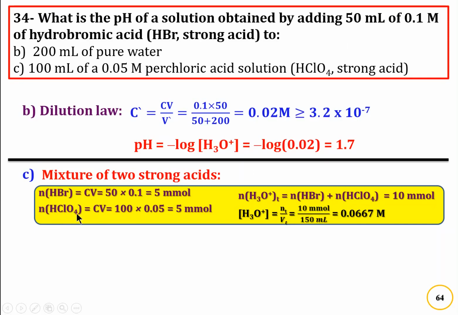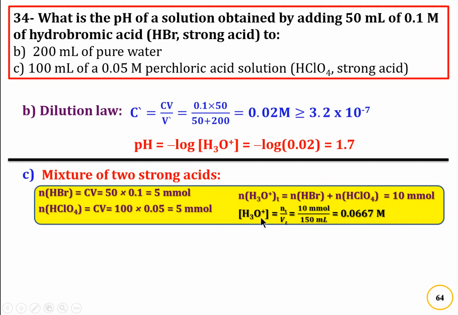The number of moles of HClO4 is equal to 5 millimole. HBr will release 5 millimole of H3O+, and HClO4 will release 5 millimole of H3O+, since these two acids are strong. So the total number of moles is equal to the number of moles of H3O+ provided by HBr plus the number of moles of H3O+ provided by HClO4, equal to 5 plus 5 equals 10.